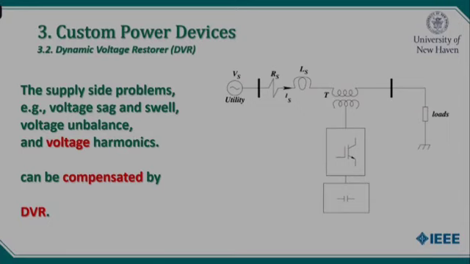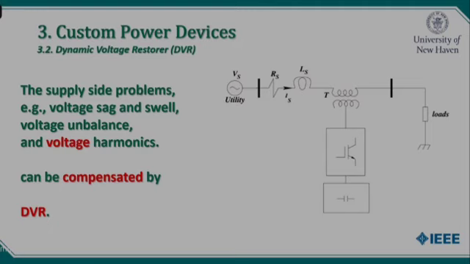Again, in this slide, we have the second custom power device known as the dynamic voltage restorer, DVR. On the right side of this slide, you can see our grid, the same grid, but this time, instead of having a transformer connected to PCC, this transformer is connected in series with the line.